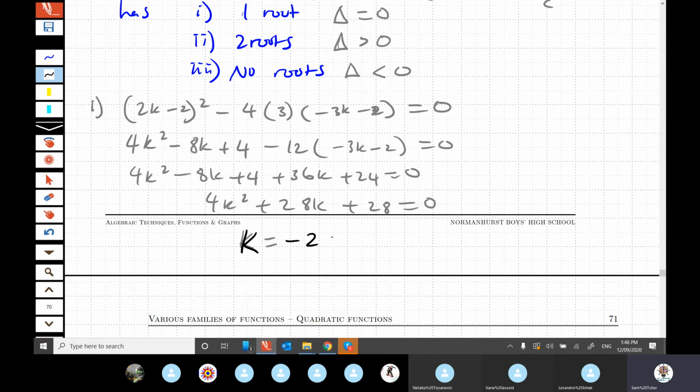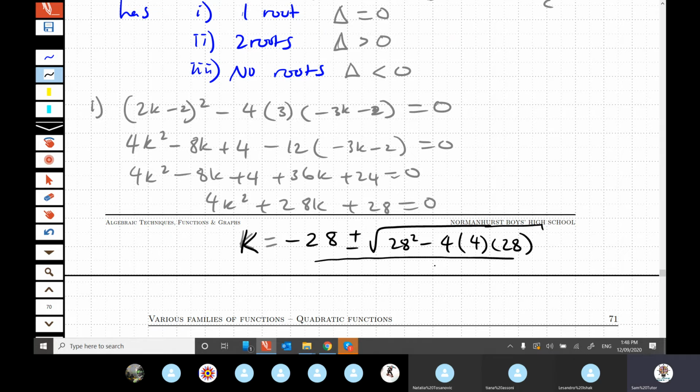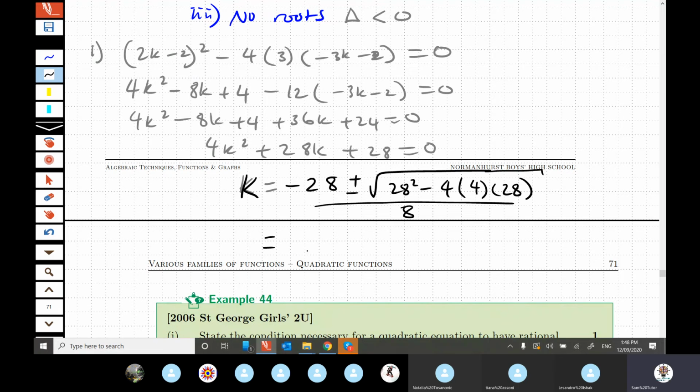K equals minus B plus minus square root B squared minus 4 times A times C, so 4 times 4 times 28, all over 2A, equals 28 squared minus 4 times 4 times 28, 336. So the answer is negative 28 plus minus root 336 on 8.